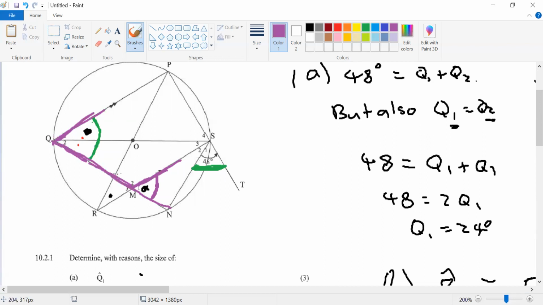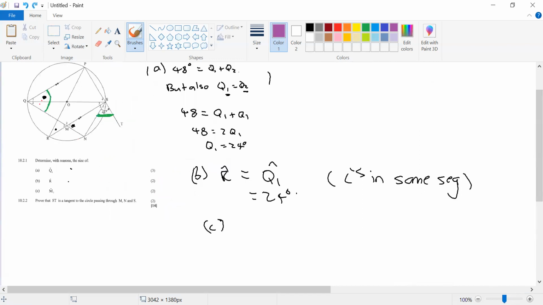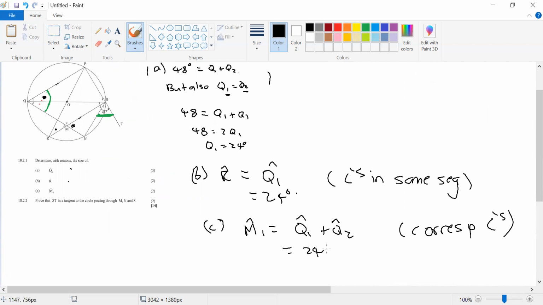It creates corresponding angles. So all I have to do is just say that M1 is equal to angle Q1 plus Q2, simply because they are corresponding angles. And therefore it's equal to 24 plus 24, because we've already proven that Q1 is 24 and Q2 is equal to Q1. So that's equal to 48 degrees.